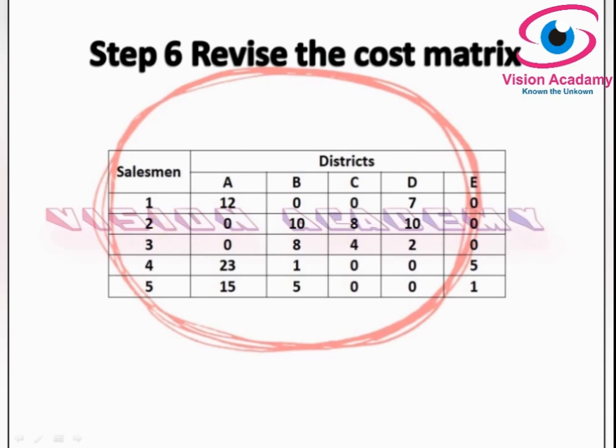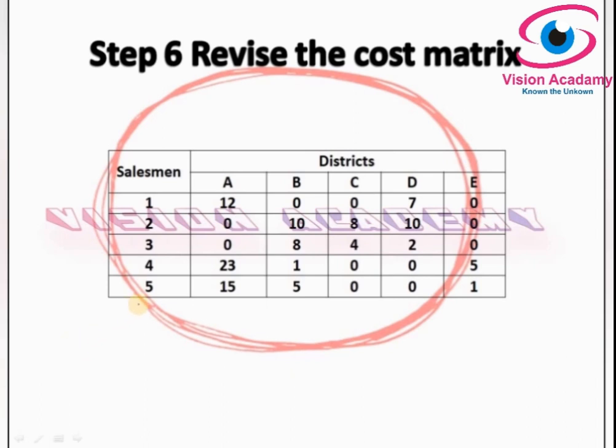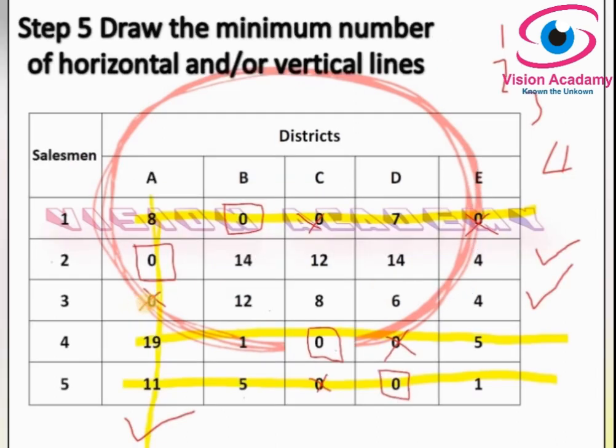But very importantly, you should take note, to revise the cost matrix you should find the smallest element not covered by any lines. Look at here, you should find the smallest element which is not covered by any lines. So except these marked lines, you should find the smallest element.